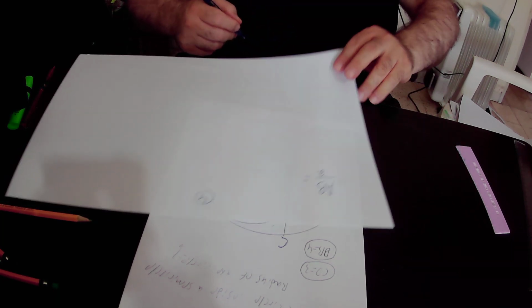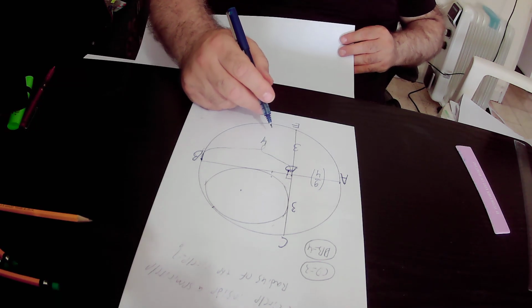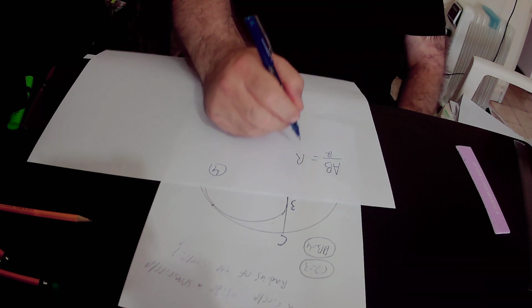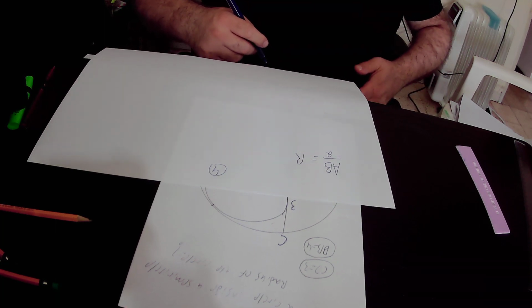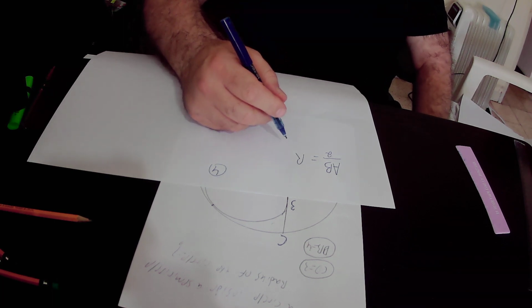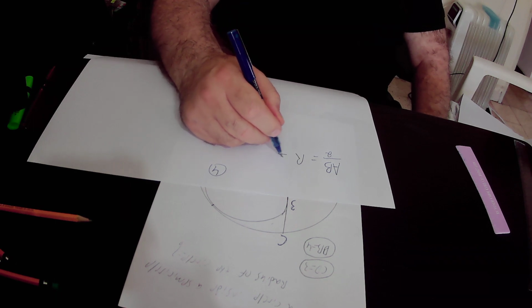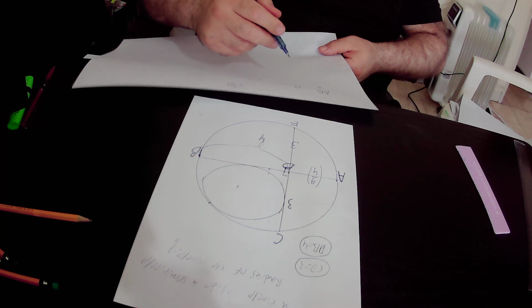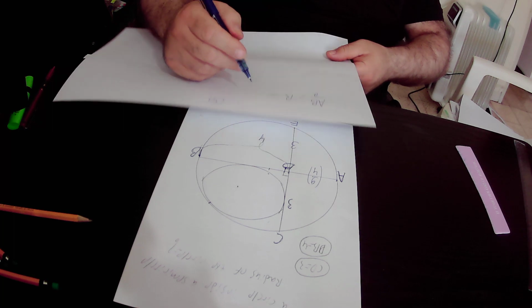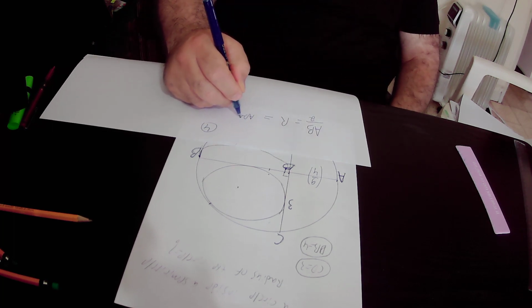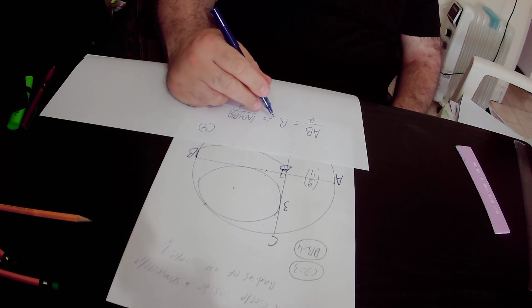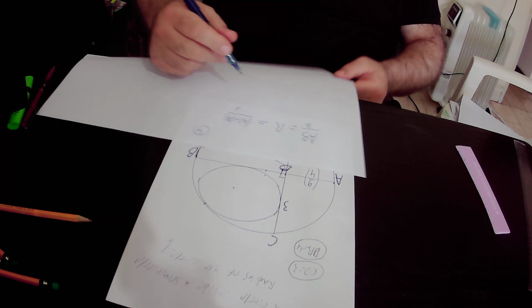So we define the radius as capital R. So capital R, the radius of the circle and the semicircle, is equal to AB over 2. But what is the length of AB? The diameter AB, according to this drawing, is equal to AD plus DB. AD plus DB equals AB, and if we divide it by 2, we get the radius of the circle and the semicircle.